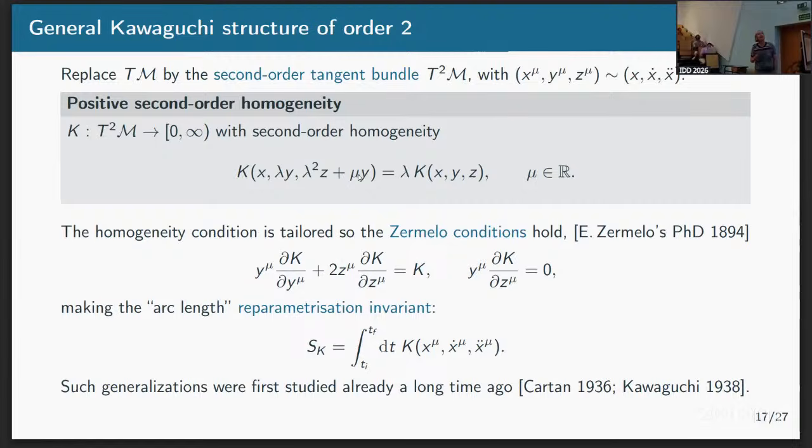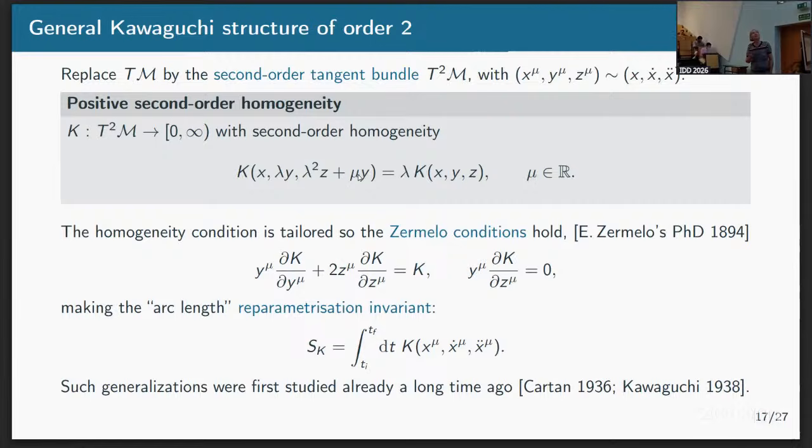You can define this Kawaguchi structure function to obey a homogeneity condition like this, which is designed so that your arc length stays reparameterization invariant. So you define this function K with this condition such that this thing is reparameterization invariant.